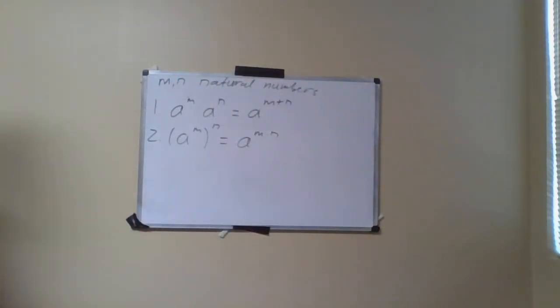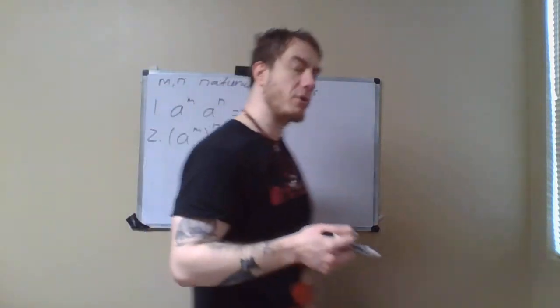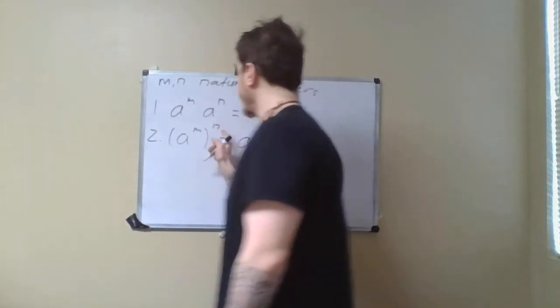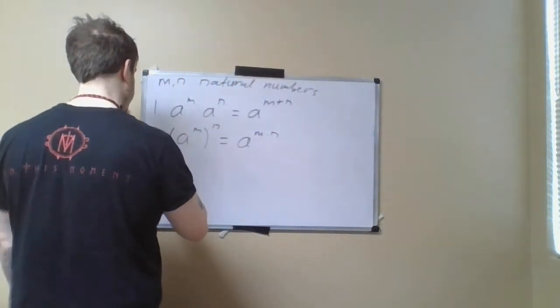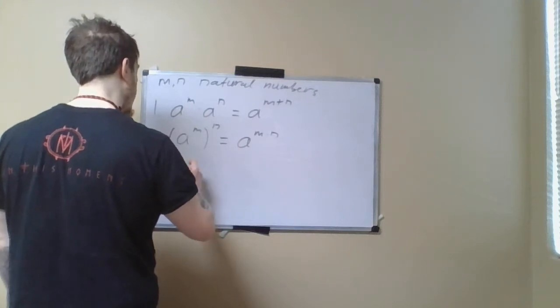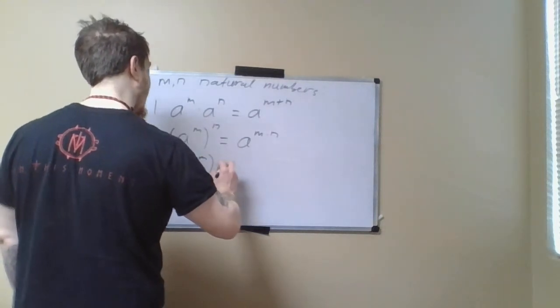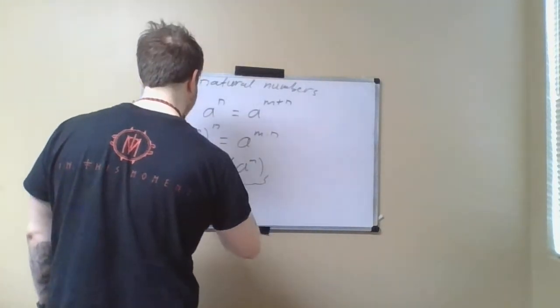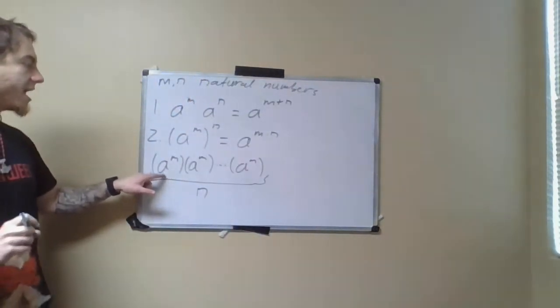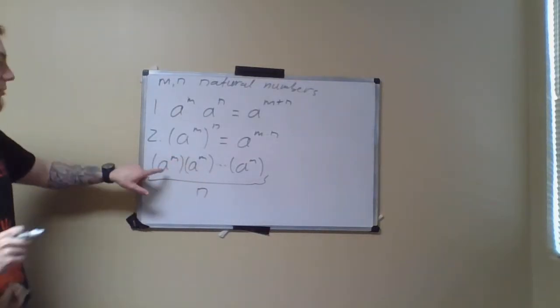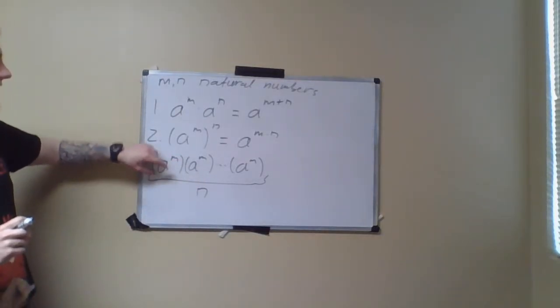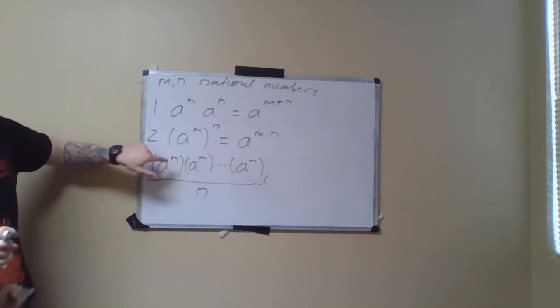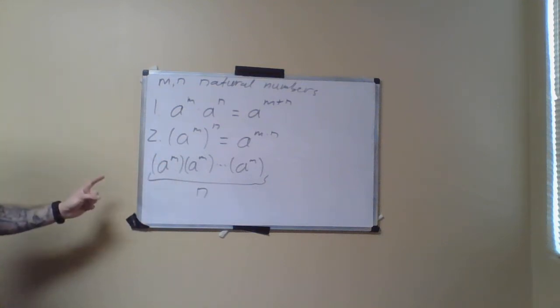Okay, so were you able to see something? The idea is pretty similar to what we did before. If I take a to the m and raise it to the n, this is actually a to the m times a to the m, and so on. There's n copies of this a to the m. But each one of these is actually little m copies of a.